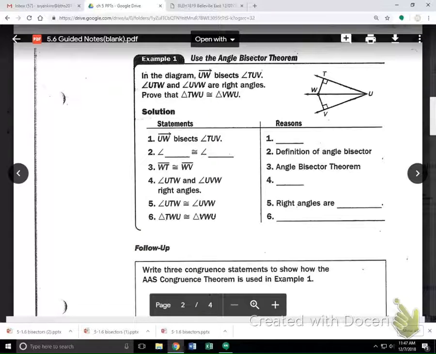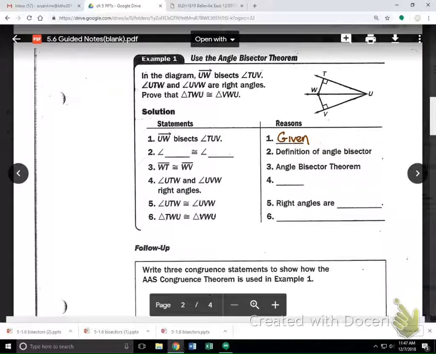So our first step, we see that ray UW bisects our angle. How did you know that? It's given. So first step, it's given. Our second step is, we want to show that 2 angles are congruent because it's been bisected.